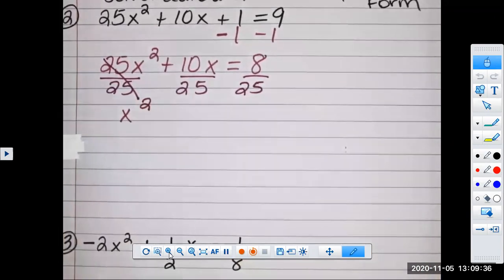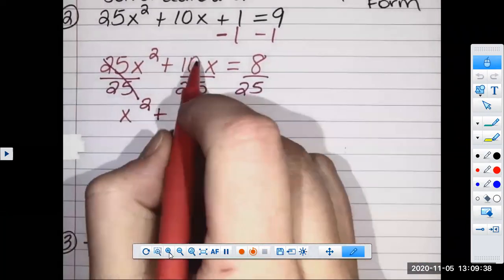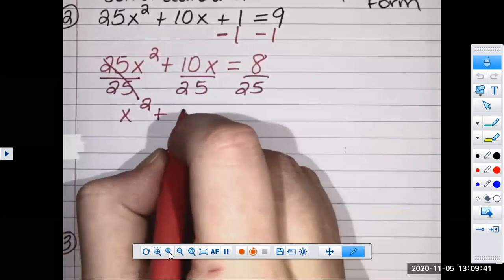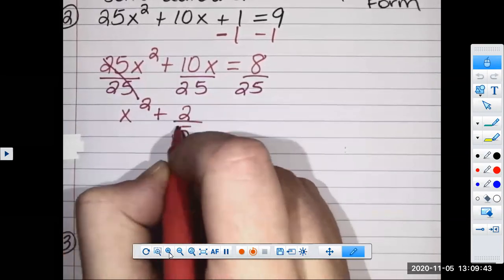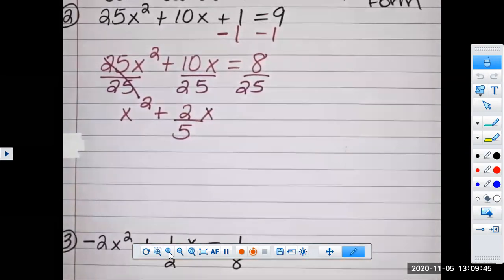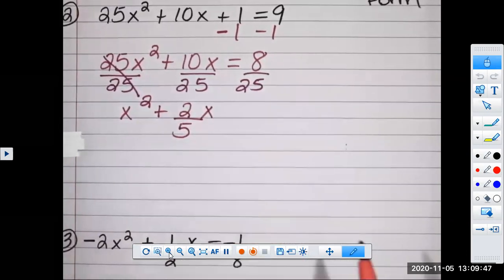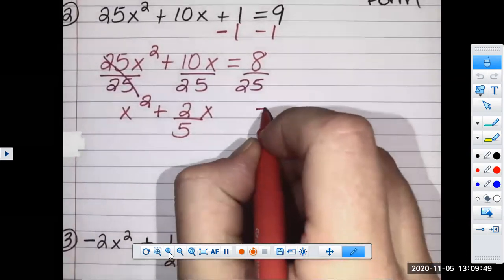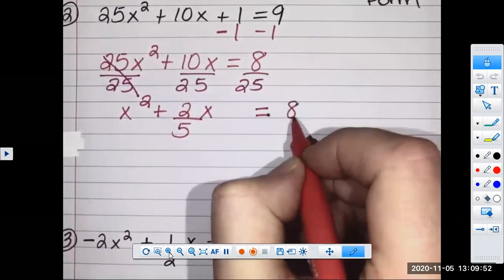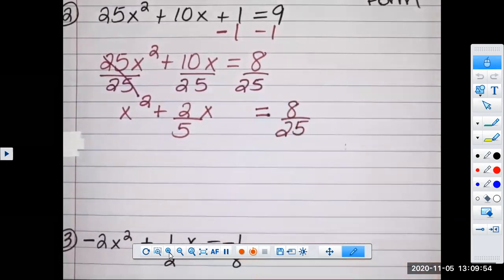So that gives us x squared. Let's go ahead and reduce 10/25 to 2/5 x. Leave some space so that we can complete the square. And 8/25 will not reduce.